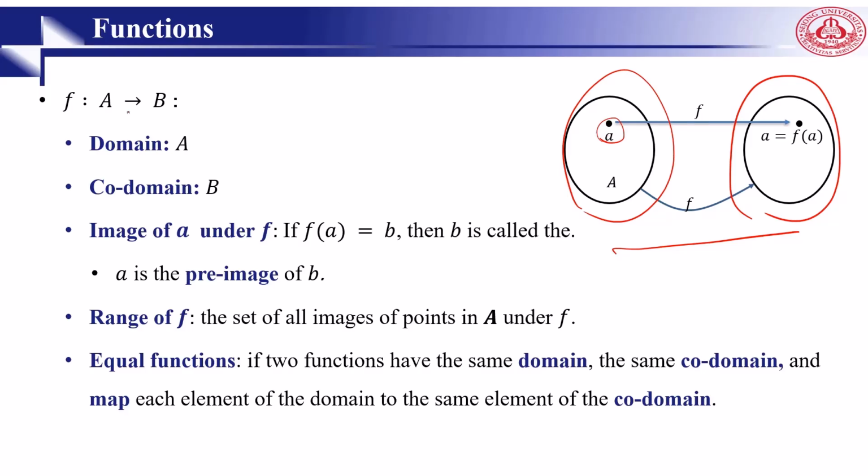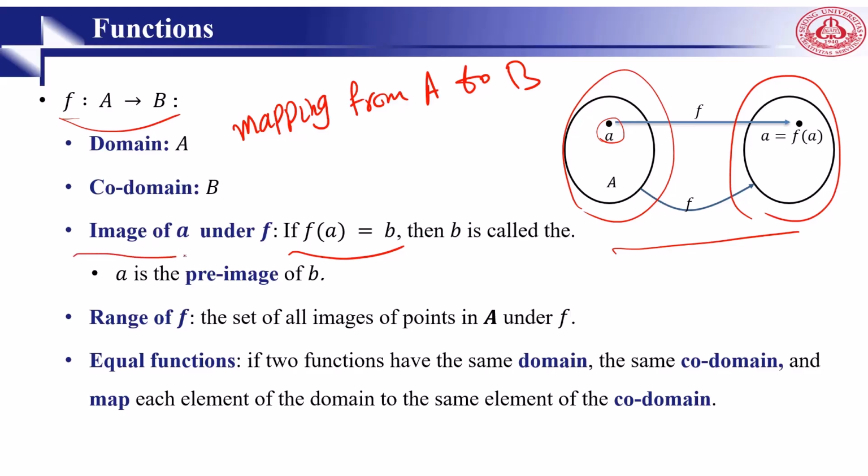So if f maps A to B, we can say f is a mapping from A to B. In this case, A is called the domain, and set B is called the codomain of function f. If f(a) = b, then b is called the image of a under f, and a is called the pre-image of b.